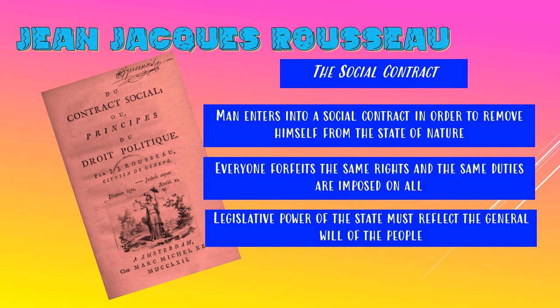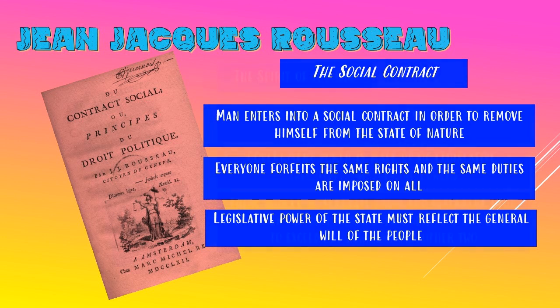And so that's an idea that we use a lot, is people giving up their freedom in exchange for safety or stability. And the other idea here that Rousseau talks about is that the power of the state is supposed to reflect what the people want to do. So this is where we get the idea that the government serves the will of the people. That means the government is supposed to do what the people want it to do.